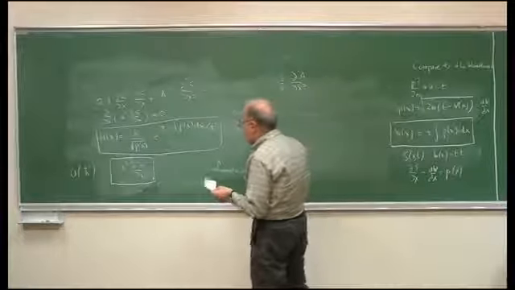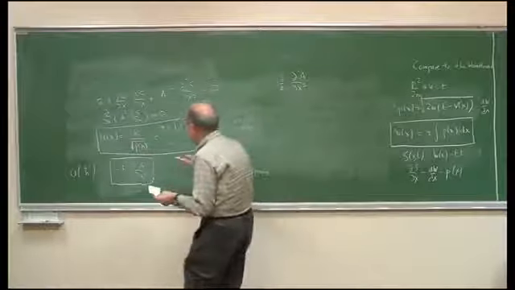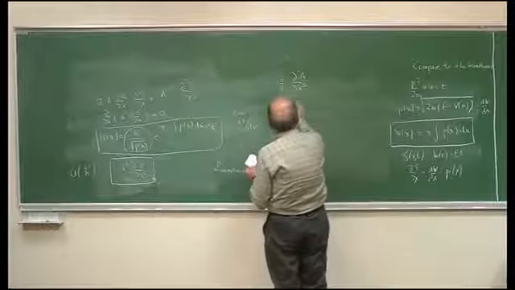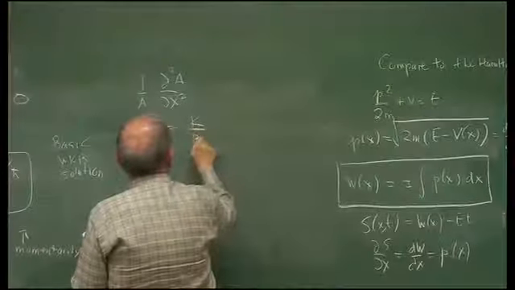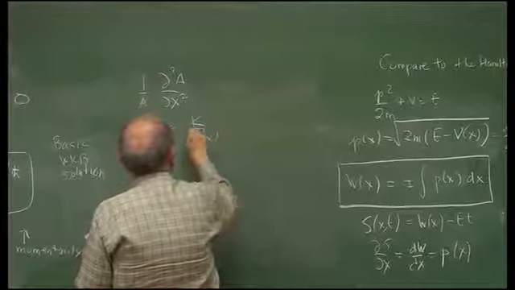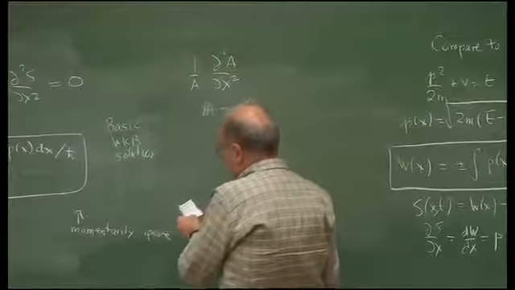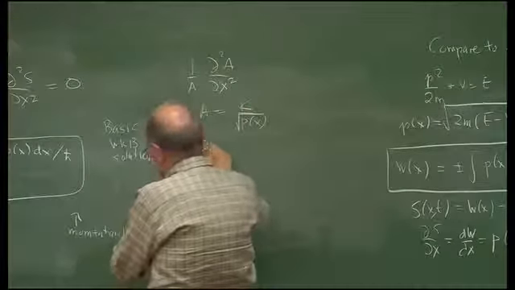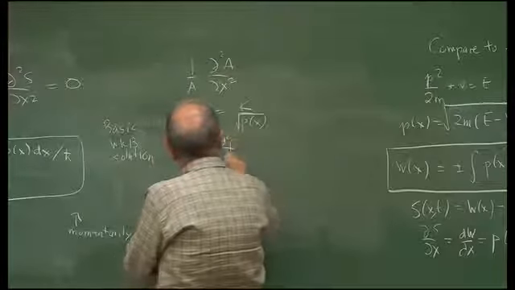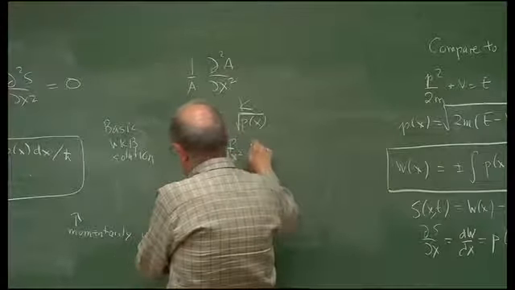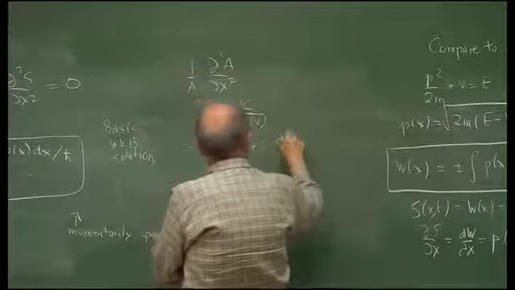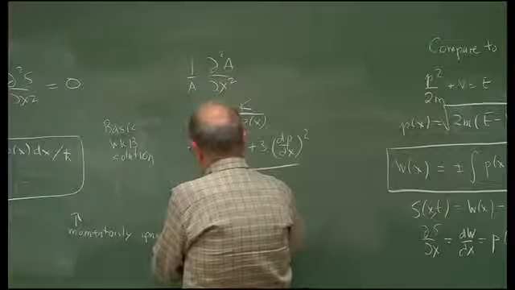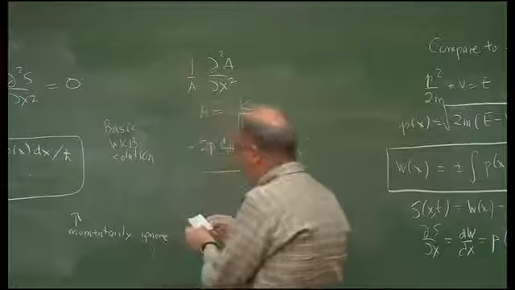Of course, for A, we do have a solution right here. It is k over the square root of p of x. So that we can calculate this as minus 2p d squared p by dx squared plus 3 times dp by dx squared divided by 4 p squared.